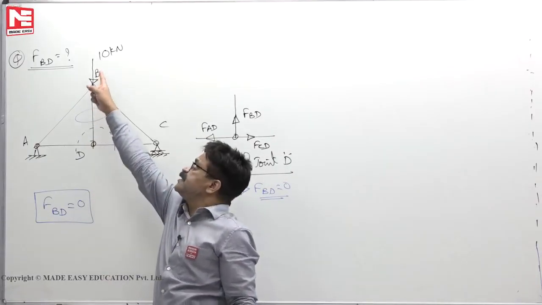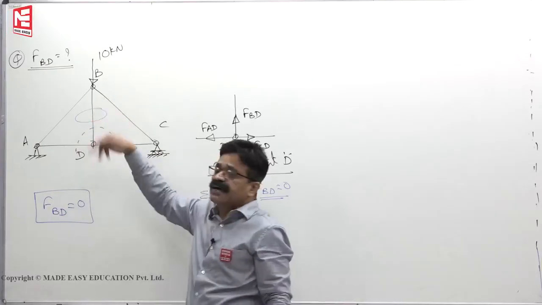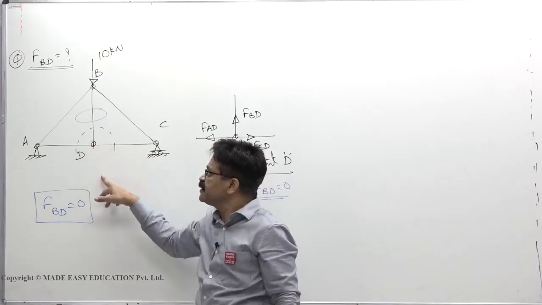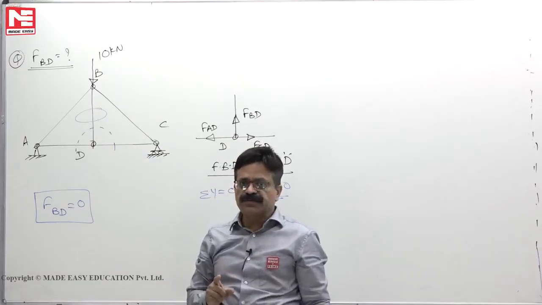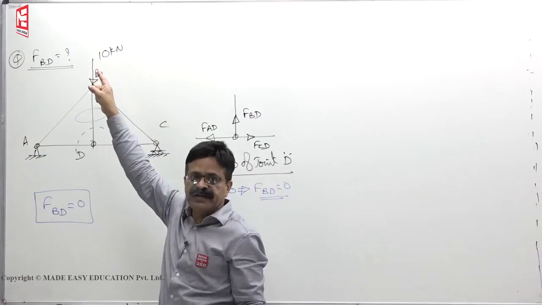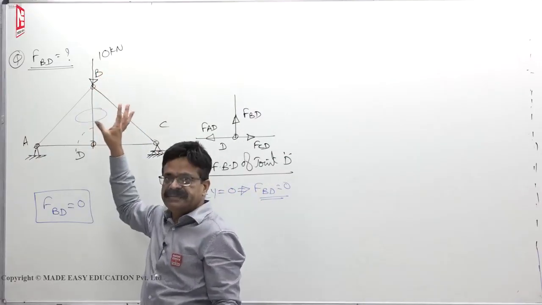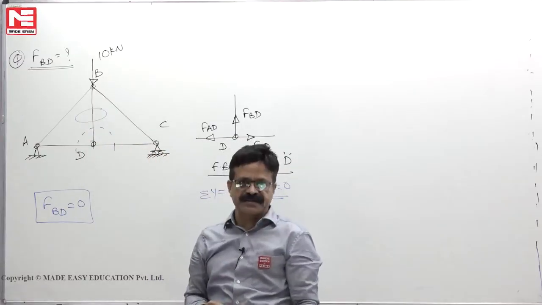See, for this loading only, force in the member BD is 0. If after some time some other load comes here, say, then this member only should take. So just because force in the member BD is 0 for a particular loading, it does not mean that it is a waste member. For some other loading, it only has to resist.